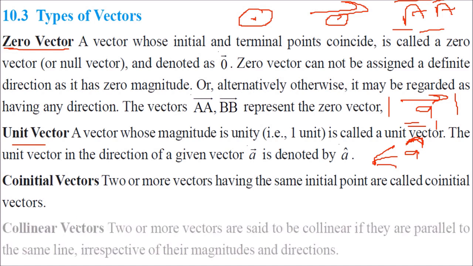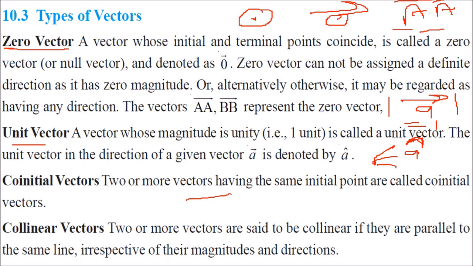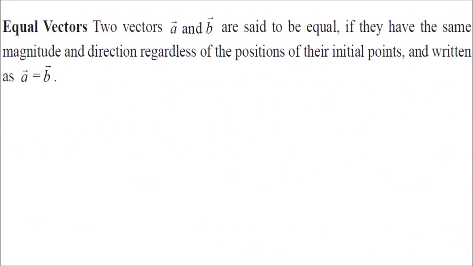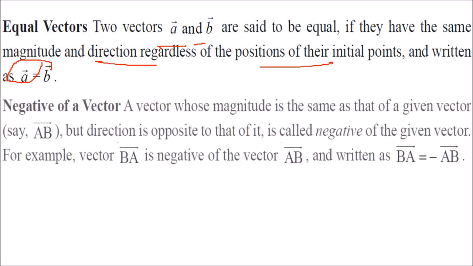And collinear vectors: two or more vectors are said to be collinear if they are parallel to the same line or on the same line, irrespective of their magnitudes and directions. Equal vectors: A and B are said to be equal if they have the same magnitude and the same direction. You don't have to worry about the position of their initial points.